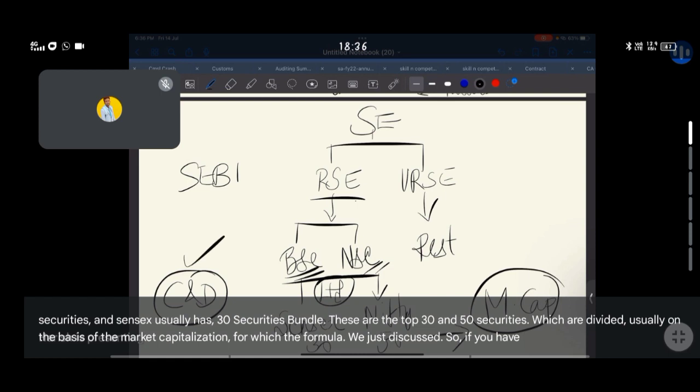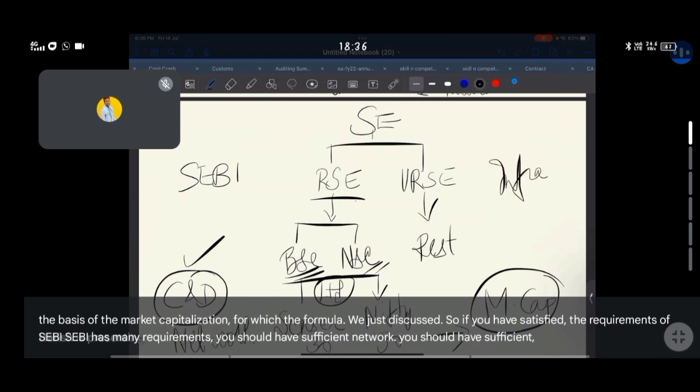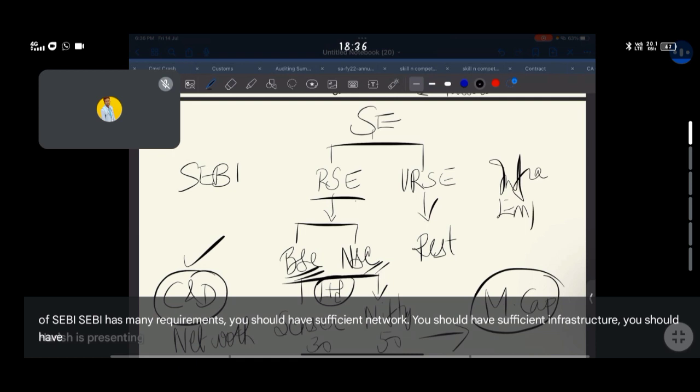So if you have satisfied the requirements of SEBI, SEBI has many requirements. You should have sufficient net worth. You should have sufficient infrastructure. You should have sufficient amount of employees.